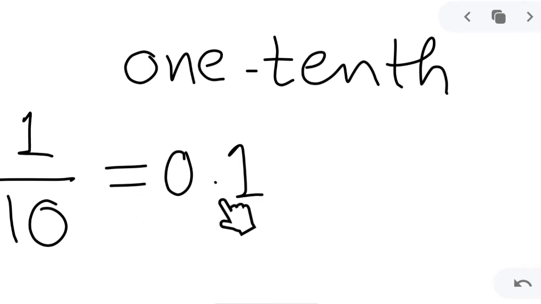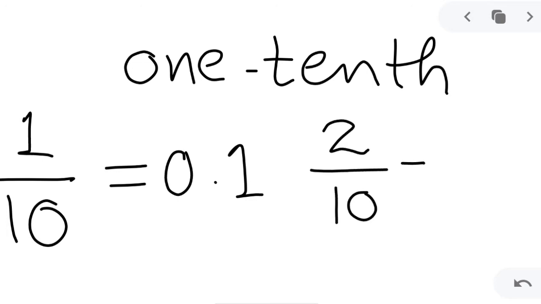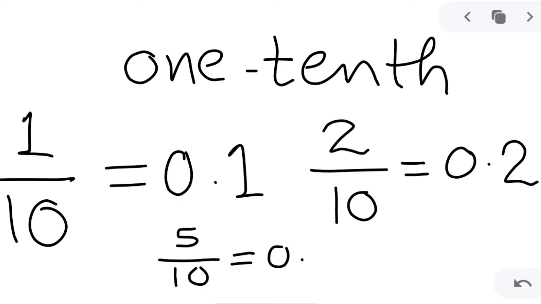This point that we have put here, this is known as decimal point, and in reading we read it as 0.1. Similarly, we can write 2 by 10 as 0.2, 5 upon 10 as 0.5.